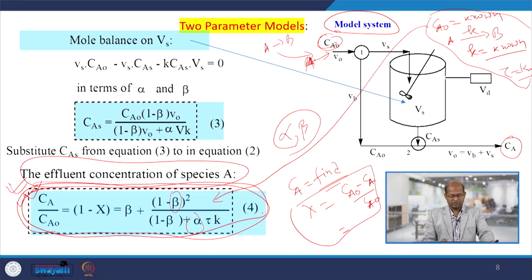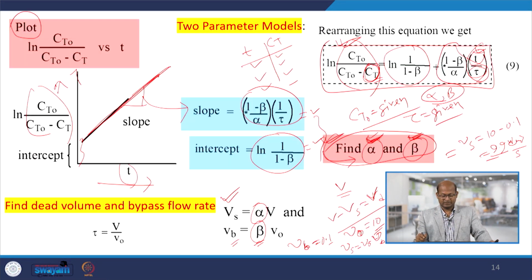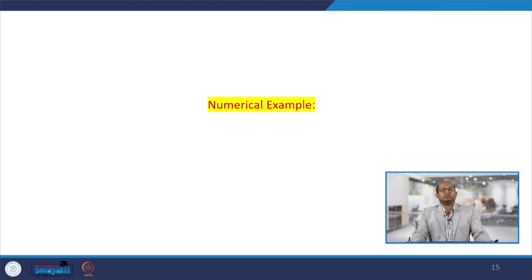So, equation 4 is useful and equation 9 is useful. Equation 9 from the tracer test was developed, and equation 4 was developed for that particular reaction. So, from the tracer test, equation 9 and 4 both simultaneously we have to use, and once you know the alpha and beta parameters, we put them there, and that way you can find out exit concentrations and conversions.